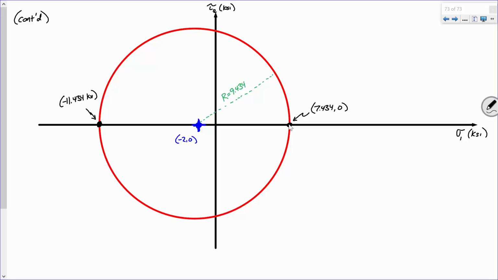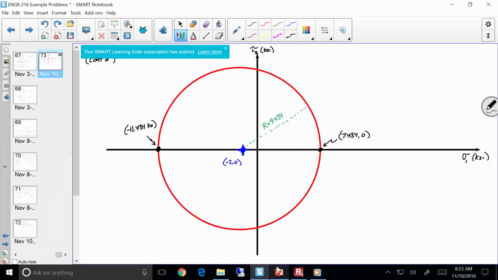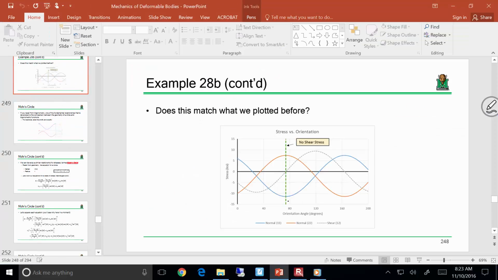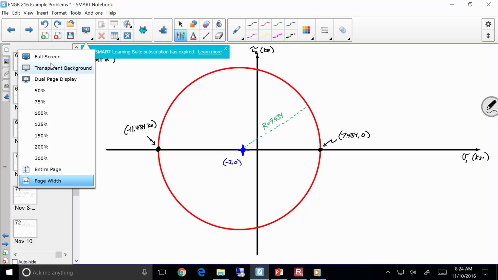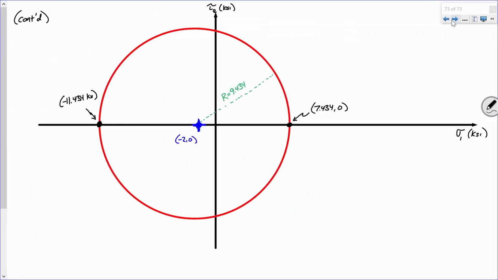Now, I want to go back to this. What did we do in example 28b? Determine the principal stresses. What did we get in that example for our principal stresses?